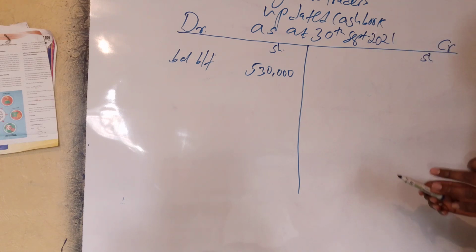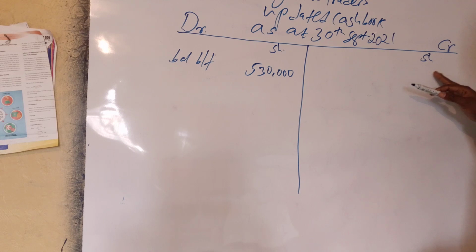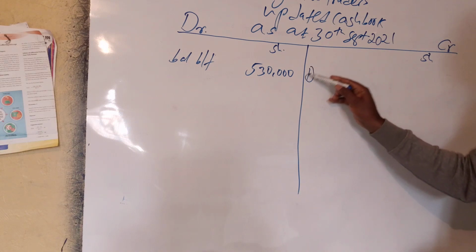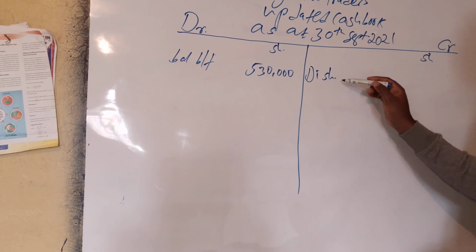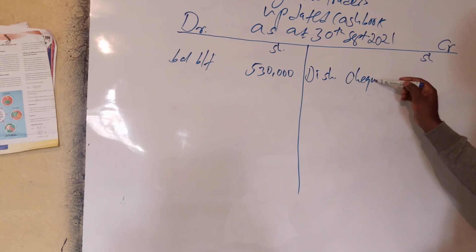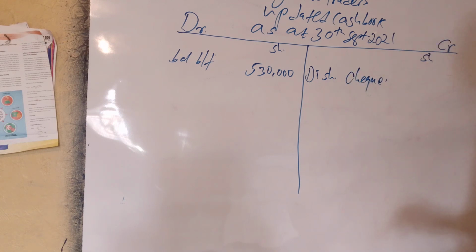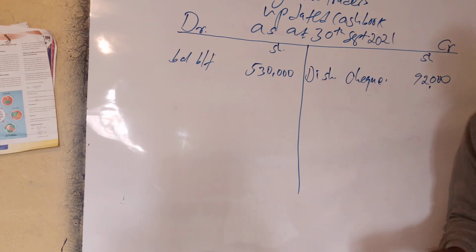And anything that reduces your money, you should credit. Therefore here we say dishonored check of 92,000. It is just that I'm writing in short form.